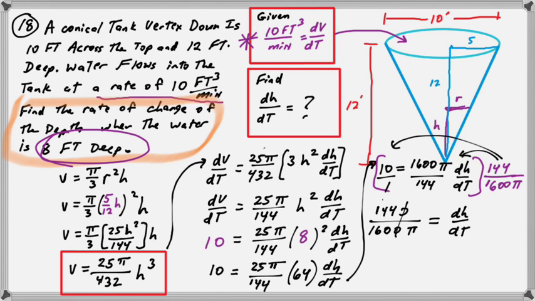Cross out a 0. Half of the top is 72, half of the bottom is 80. 8 goes into 72 9 times. 8 goes into 80 10 times. So I think this would be dh/dt.